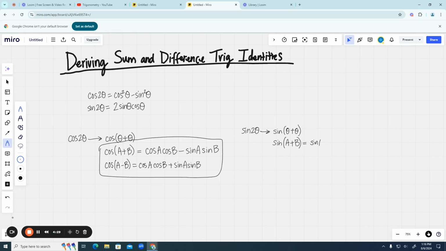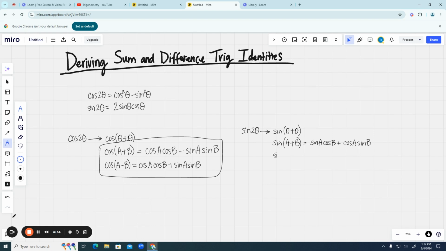I'm going to have sine A cosine B plus, well, I'll write cosine first, cosine A sine B. And that's the identity for that one.